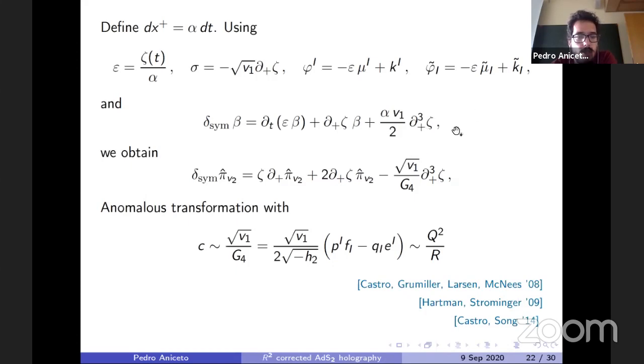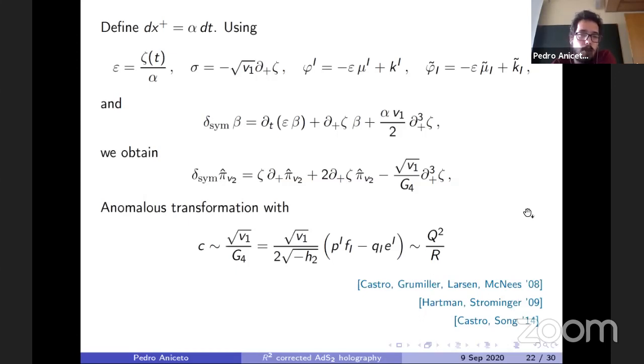And this, of course, implies immediately that when we check the asymptotic transformation of the one-point function of the dual operator to the dilaton, it also transforms anomalously. The first term looks like it transforms like a tensor together with an anomalous term. And this anomalous term has a central charge that is, up to a numerical factor, given by a quadratic term in the sources over a scale.